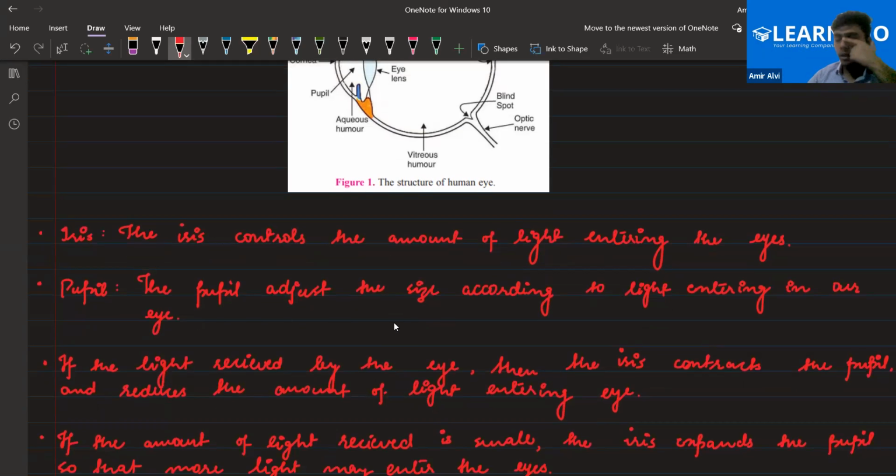If the light is very dim, very low, the pupil will expand to allow more light into the eye. That will enhance our vision in a dark room. You must have seen that when you are in a dark room, you broaden your eyes so that more light could enter into the pupil, and that's how you will get a clear image at least, right?